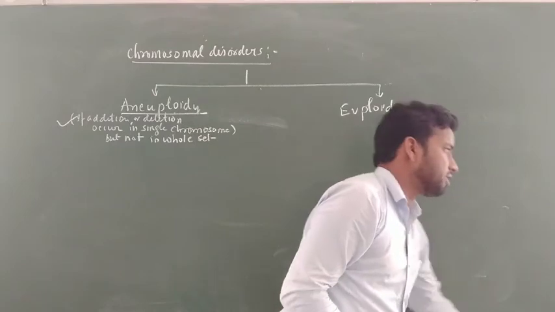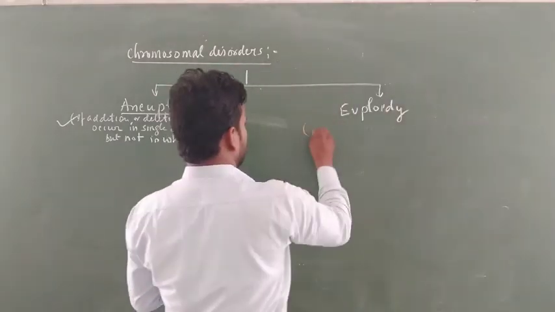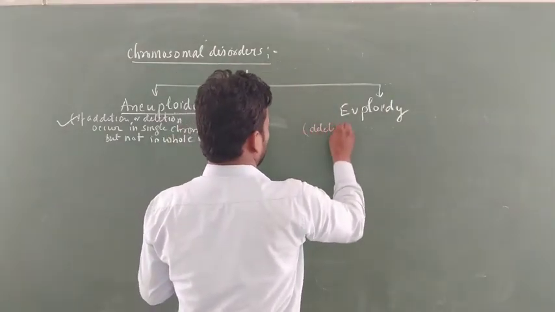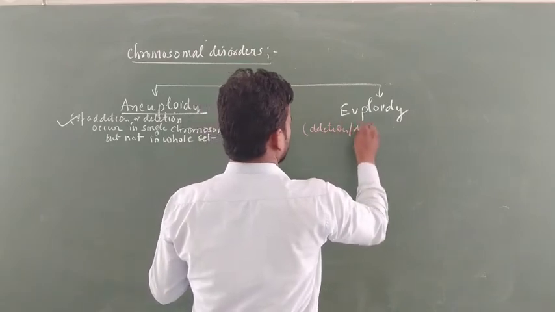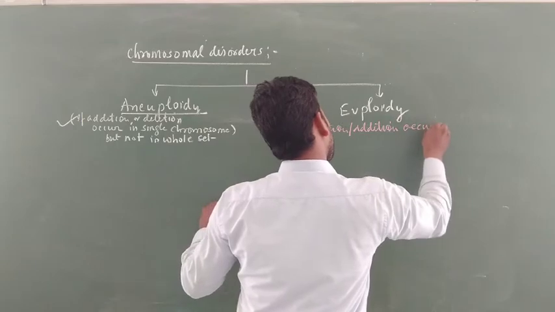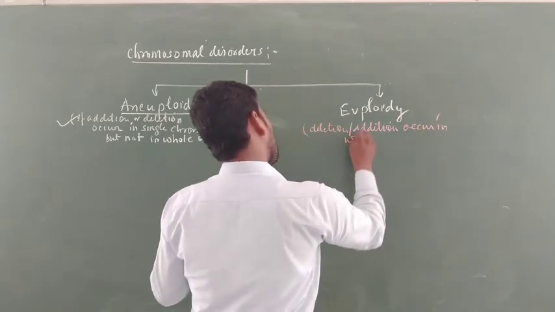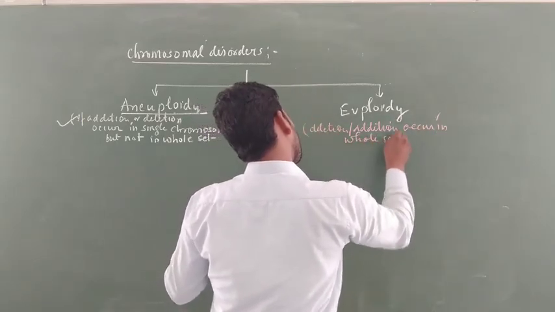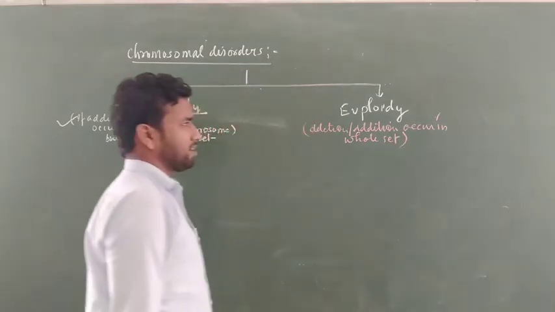But in euploidy, the deletion or addition occurs in the whole set.